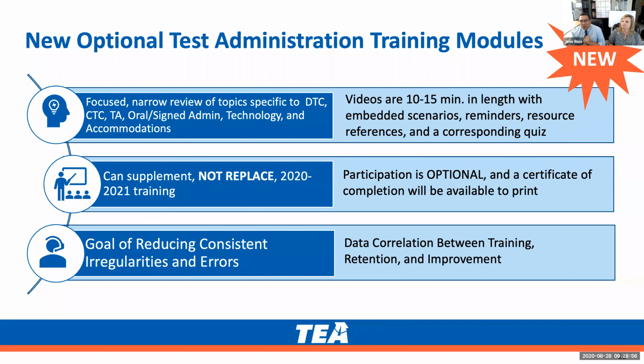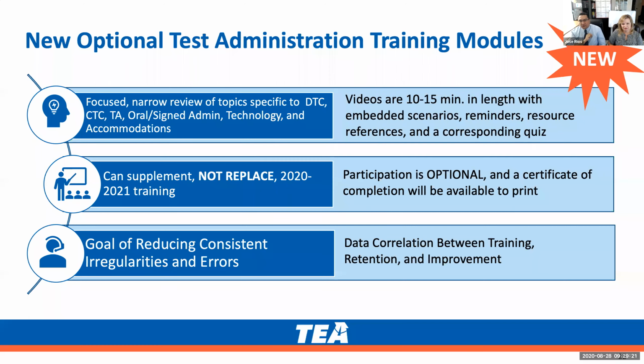Now, the last thing we want is to create another long, boring training that no one is going to pay attention to. So that's why these modules are targeted to specific functions for each one of the roles, DTC, CTC, TA, oral admin, so that we can emphasize the functions that are more controversial and end up creating irregularities.